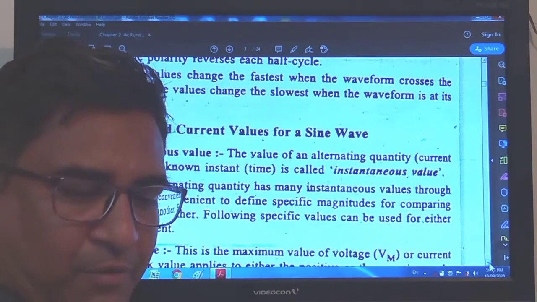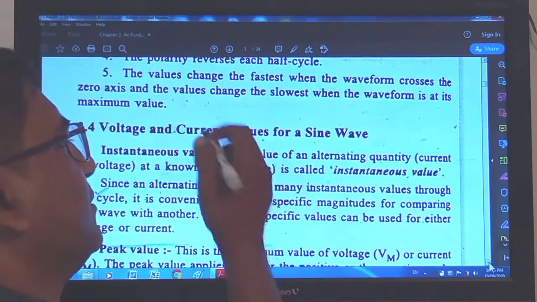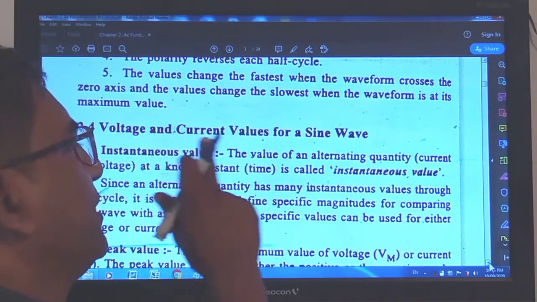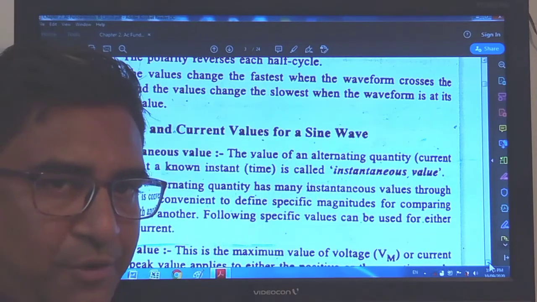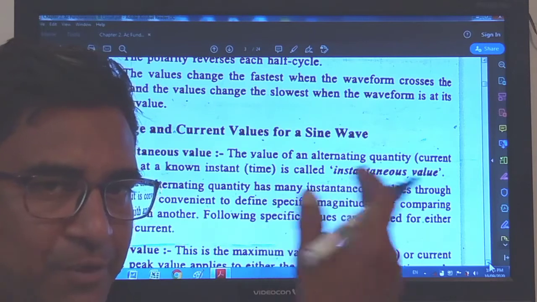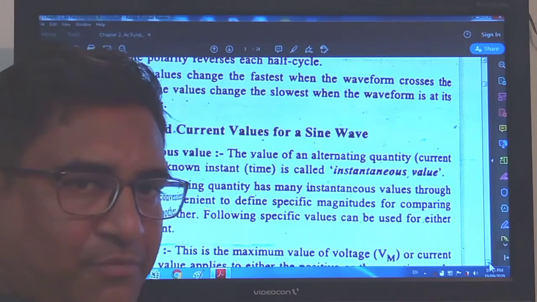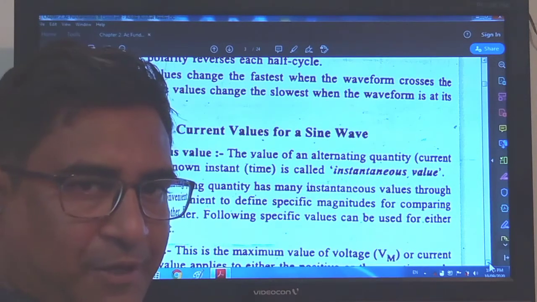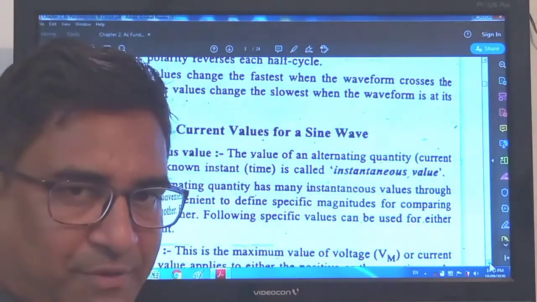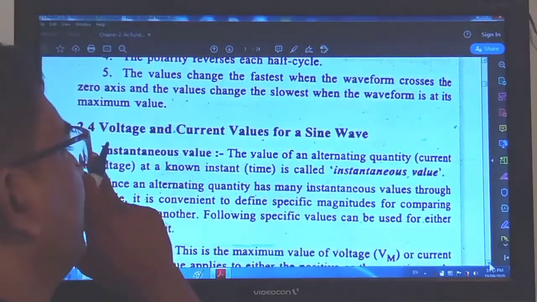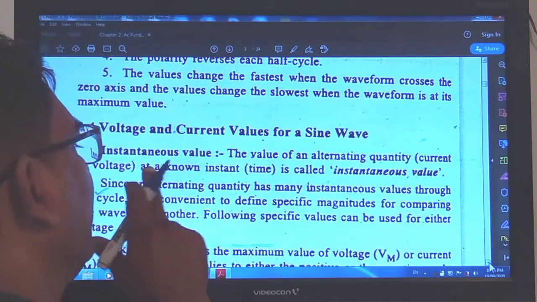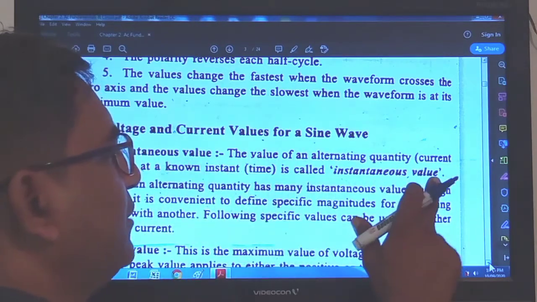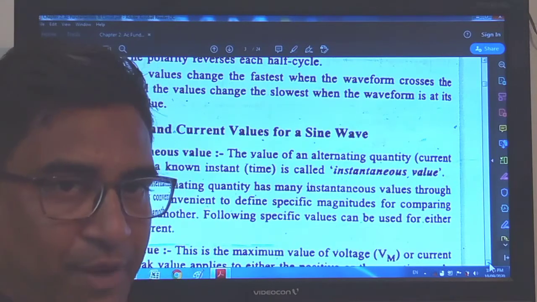So here, in the maximum value, we have to study the voltage and the current value for the sine wave. As I told you previously, the voltage value for the positive half cycle is considered as plus Vm, and for the negative half cycle it is considered as minus Vm. The value of the alternating quantity at a given instant of time is called an instantaneous value.